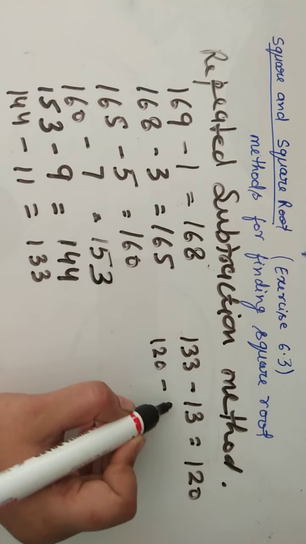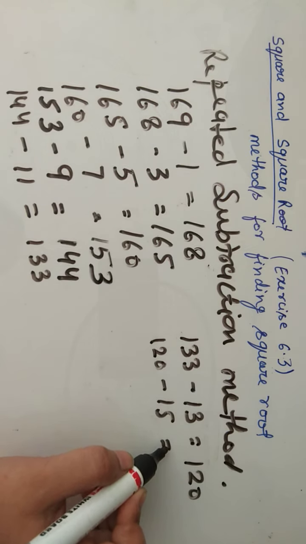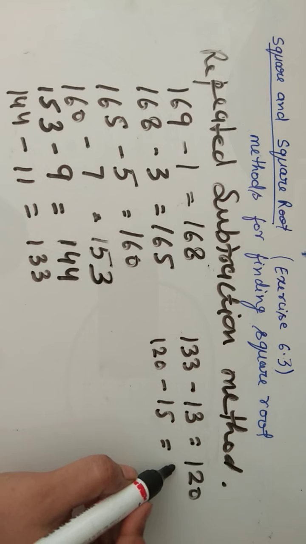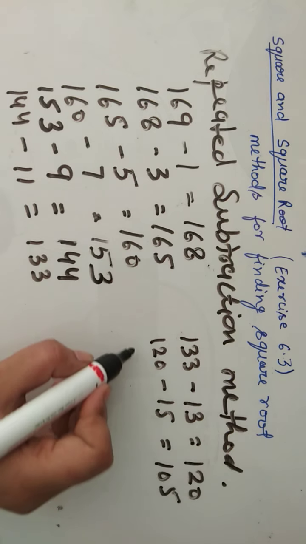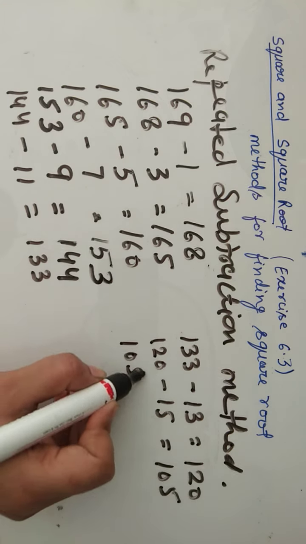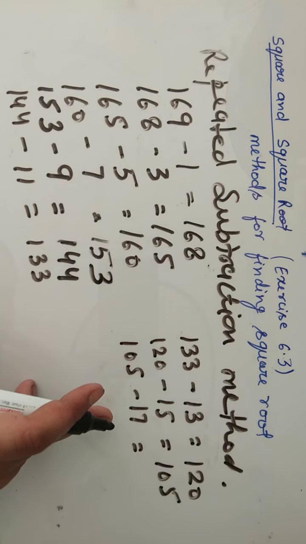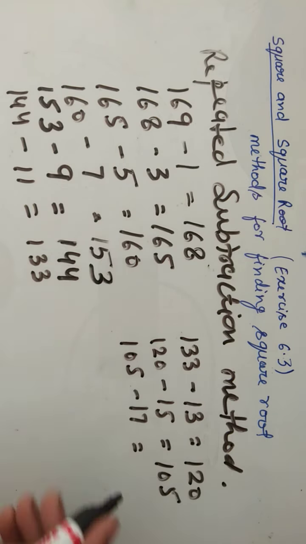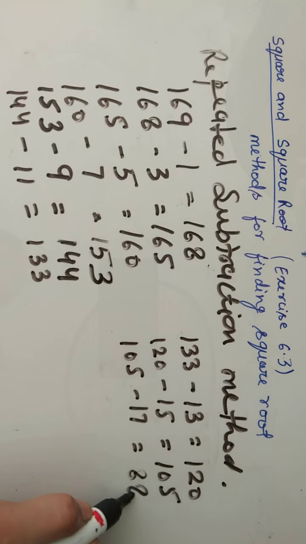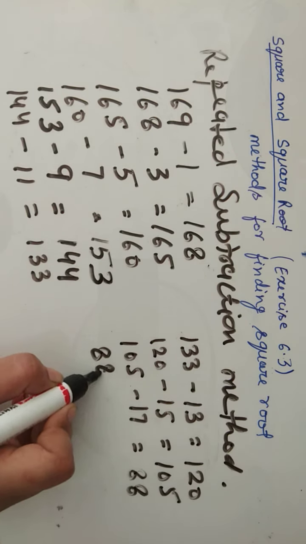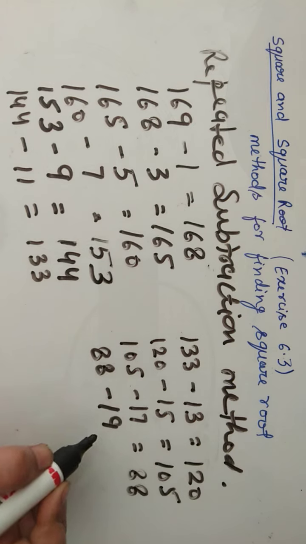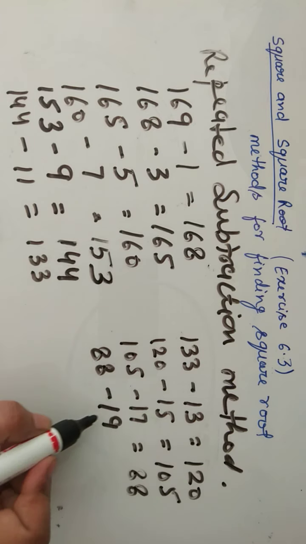Then we subtract 15 and we get 105. Then we subtract 17 and we get 88. Now we subtract 19 and we get 69.